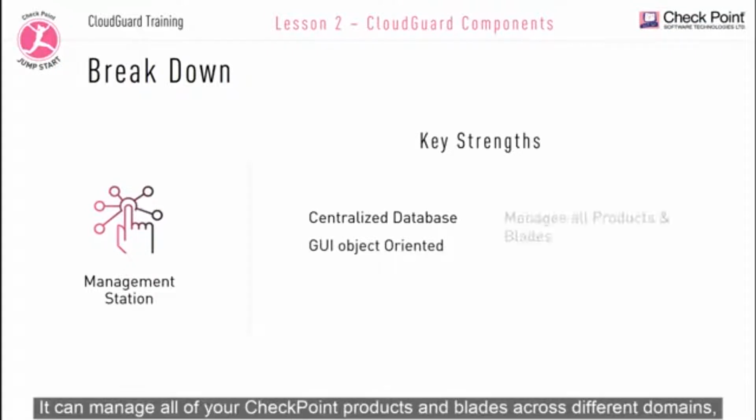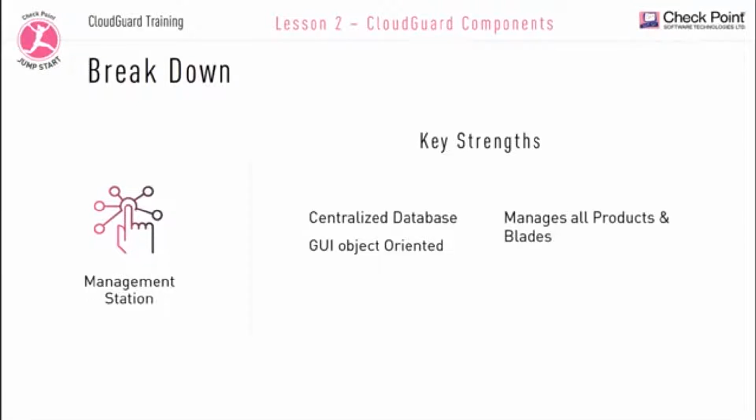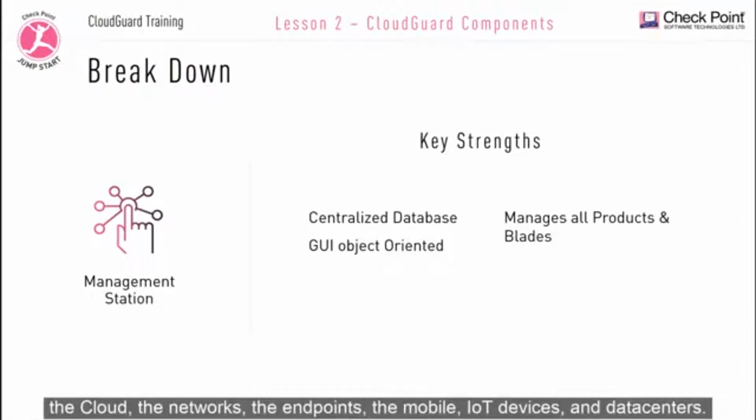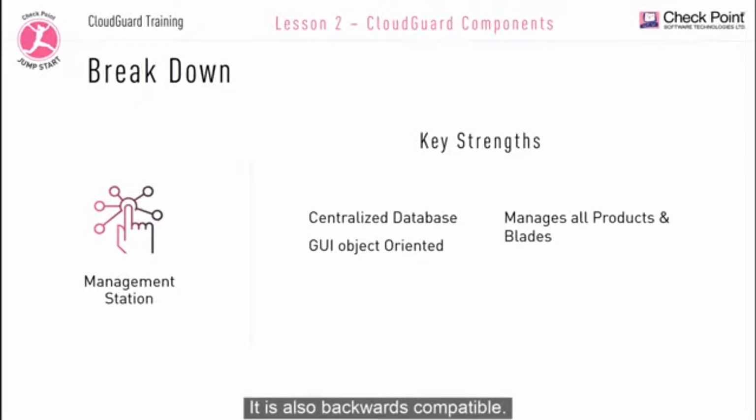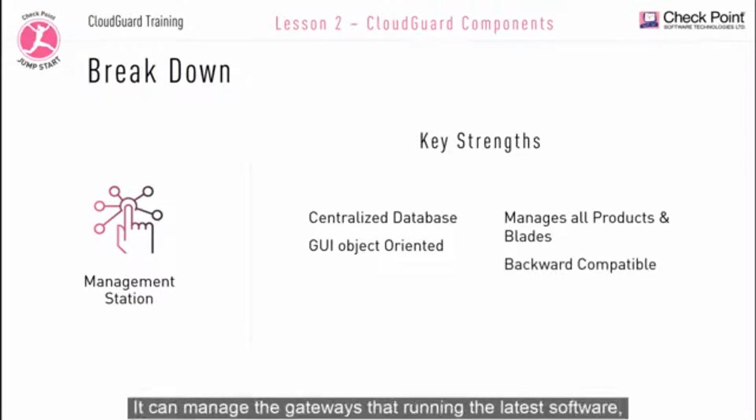It can manage all of your Check Point products and blades across different domains, the clouds, the networks, the endpoints, the mobile, IoT devices, and data centers. It is also backward compatible. It can manage the gateways that are running the latest version of software or gateways running older versions.